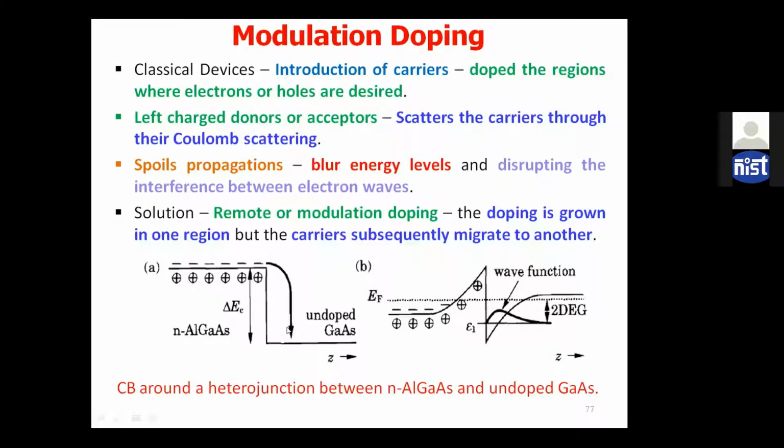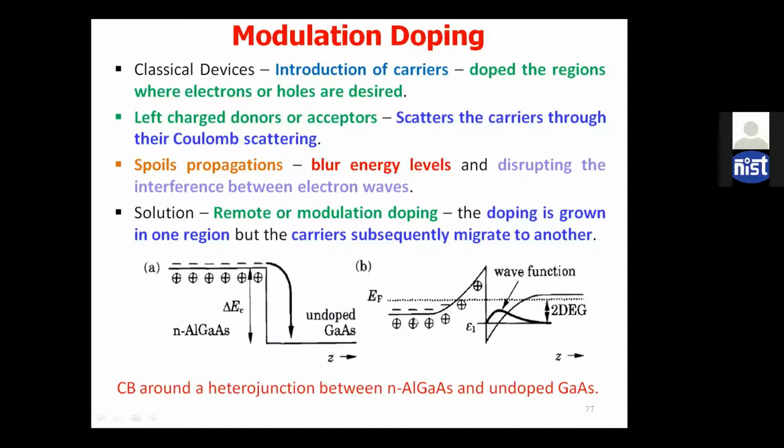As I already told you previously, if you make a heterojunction between AlGaAs and GaAs, the gallium arsenide has a higher electron affinity, if you compare the electron affinity with respect to the vacuum level. So the electrons can easily come to the gallium arsenide region, and they can reside at the heterostructure.